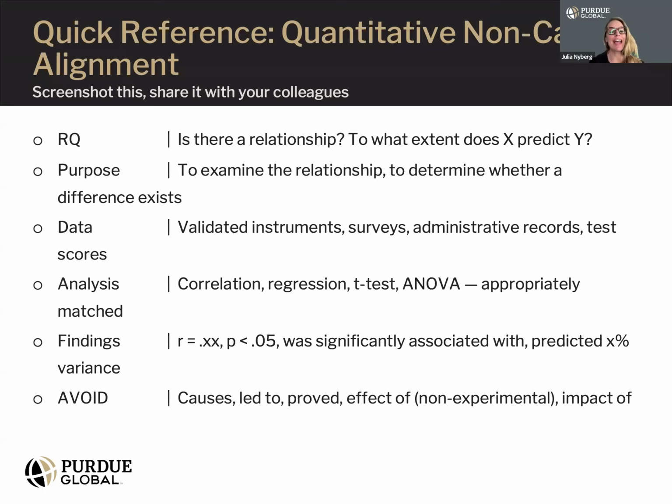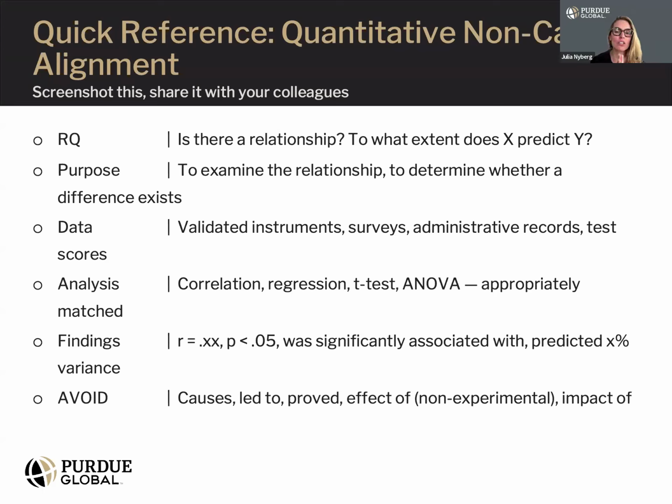You're going to use language such as was significantly associated with for correlations. Use predicted or accounted for whatever percent of variance for regression.